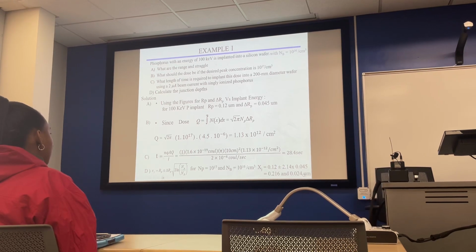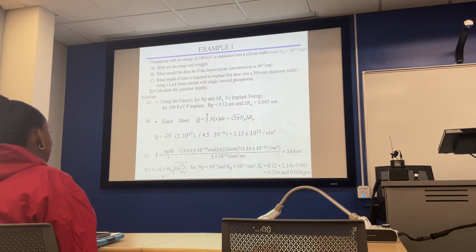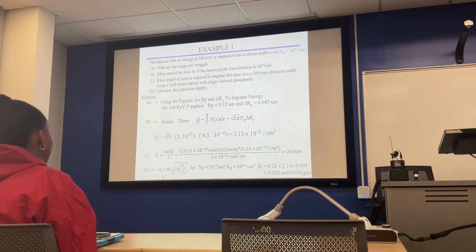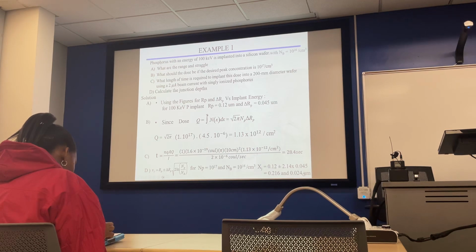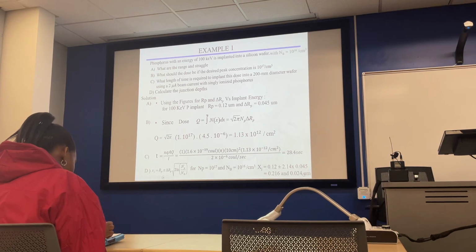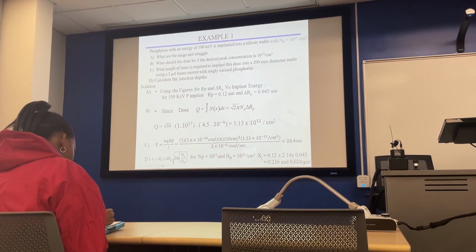So now you look at it: N is 1, the electronic charge is this, and the area is pi r squared. Those came from here, and the beam current is this, and the answer is 28 seconds.